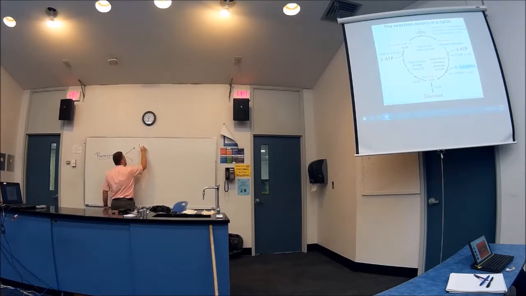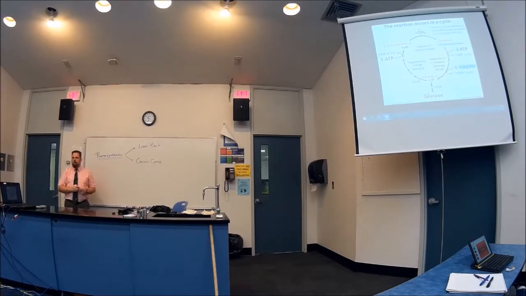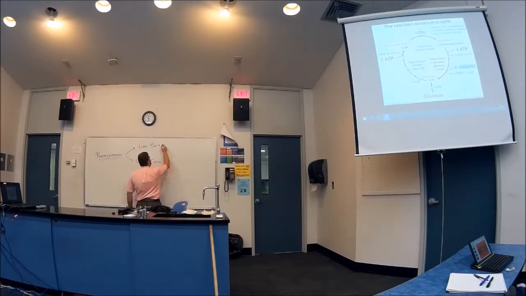We have the light reactions, and we're going to have the Calvin cycle. Let me know if I'm losing you so far. Okay? In the light reactions, you're going to make ATP and NADPH.